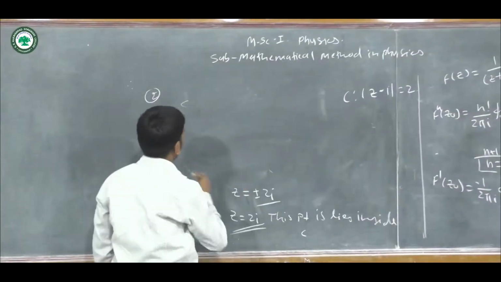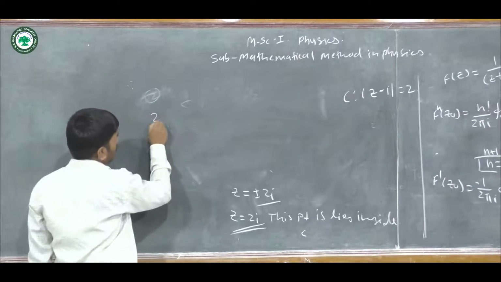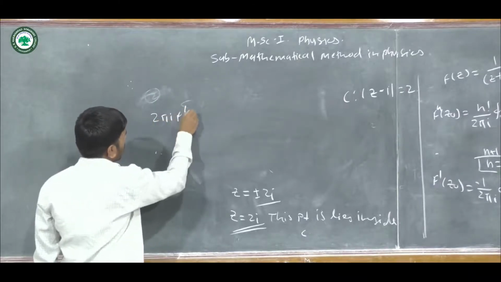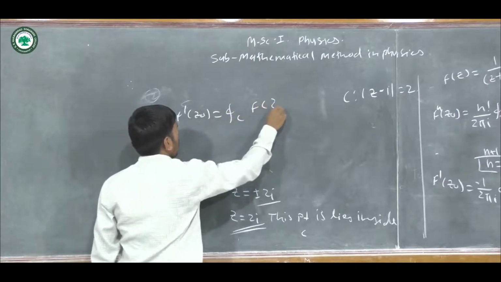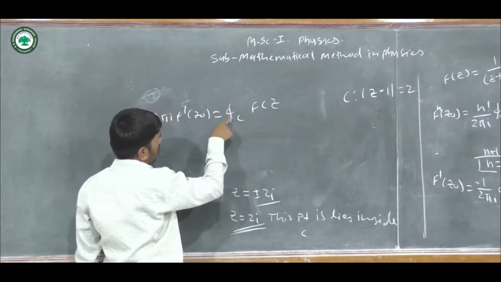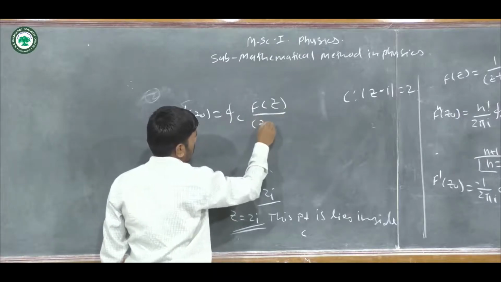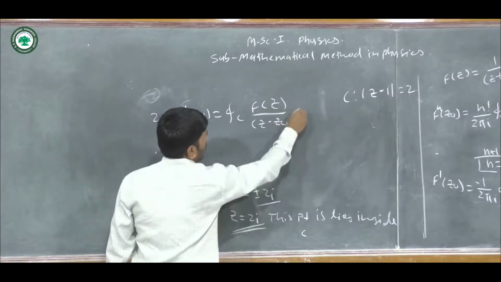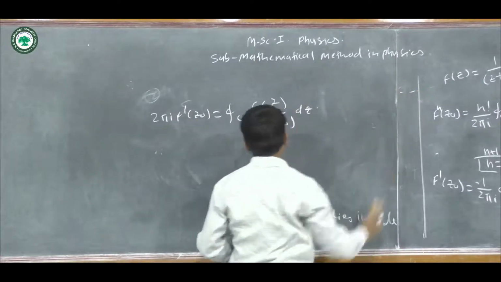Now we can write this formula as 2 pi i f prime of z naught is equal to the closed integral over C of f of z divided by (z minus z naught) squared, dz.